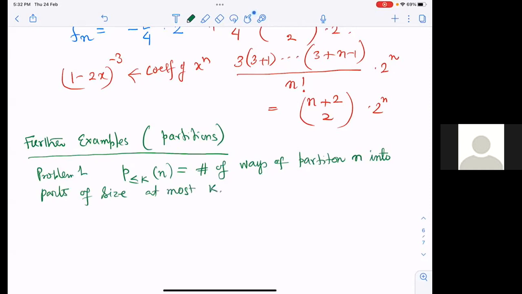What do I mean by that? You have to write n as A1 plus A2 plus up to AT, where T could be anything, but the Ai's could be at most k. You cannot use values more than k. You can use any number of them if you want, but any value should be bounded by k.